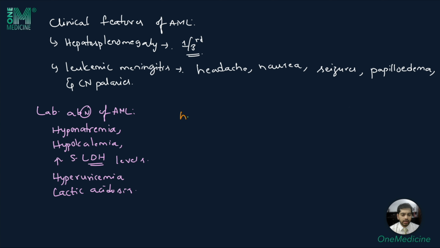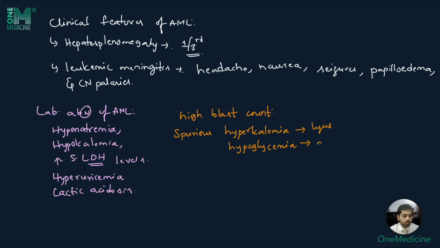In patients with a very high blast count, there can be a spurious hyperkalemia and a spurious hypoglycemia. This can happen because of lysis of blast cells and glucose uptake by blast cells in the drawn sample.